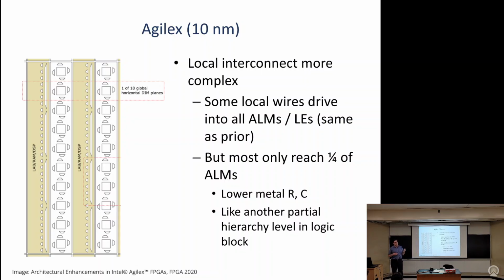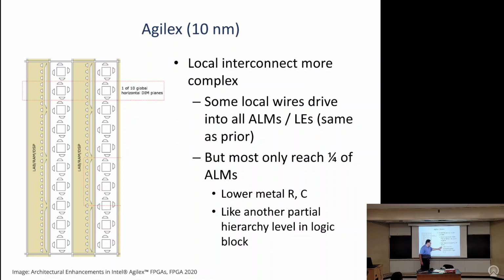Even inside of a logic cluster, they're saying that these wires that span the whole height of the logic block are starting to get a bit slower than they'd like. So they've made some wires that are only 1/4 the height of the logic block. What that means is their local interconnect is a bit more complicated. They have two wire lengths: one that's 1/4 of the logic block and another that's the whole logic block.